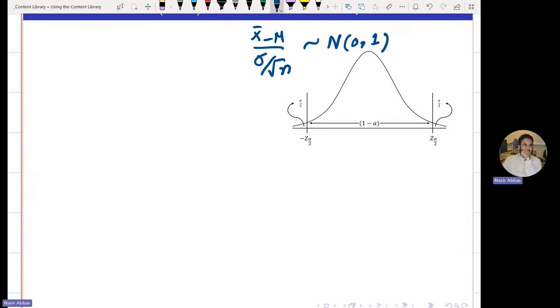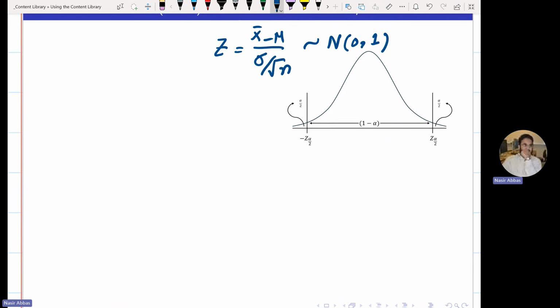With zero mean and one variance, correct? You said this result is either exactly true or approximately true. This is exactly true if x is normal, and this is approximately true if x is not normal, any other distribution. But this result is true, either exactly or approximately. You call it, let's say, z.